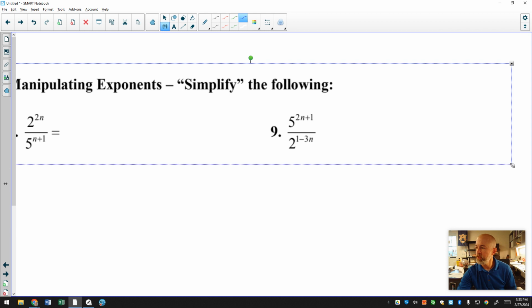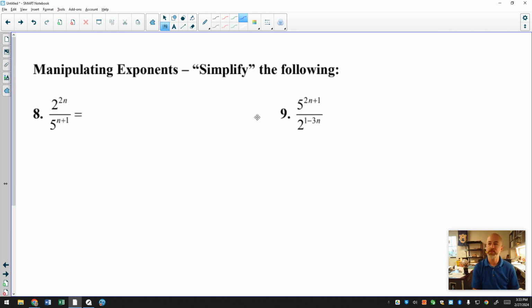We will also be looking at weird arrangements of geometric series and sequences, and we have to be able to simplify these. In situations where the only location of the n is in an exponent and everything else is a constant, I really want to get it to where I just have something like 2 to the n or 5 to the n. 2 to the 2n is the same thing as 2 squared to the n, and 5 to the n plus 1 is the same thing as 5 to the n times 5 to the first.